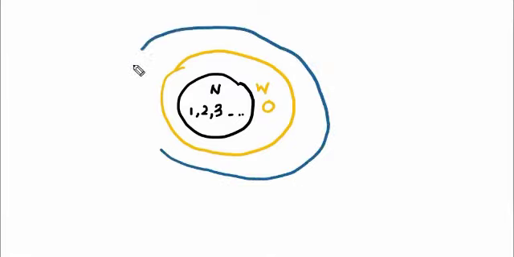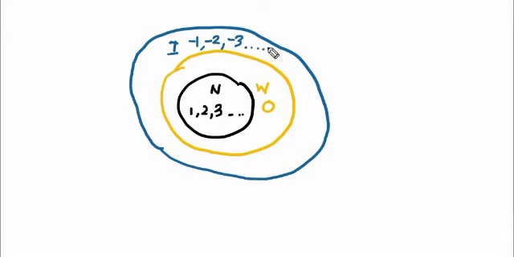So all the numbers 1, 2, 3 plus 0 form whole numbers. The third number type which we are talking about today is integers. Integers are one more circle outside this, and we represent it as the letter I, and we add -1, -2, -3 and so on.